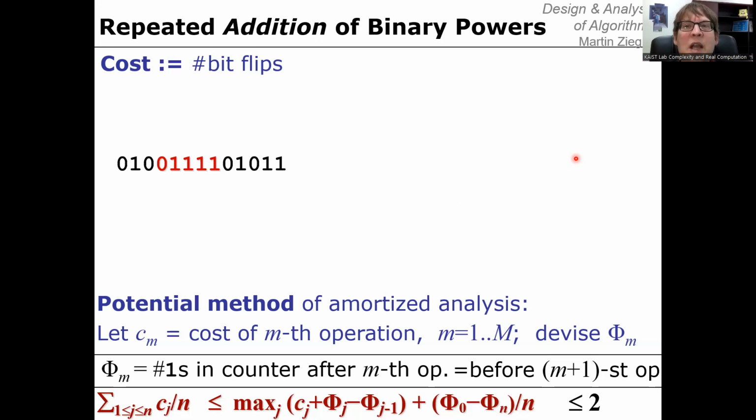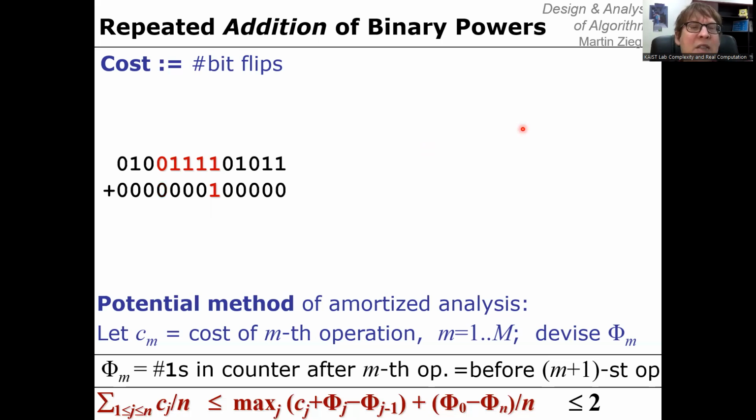Let's analyze that case of our generalized binary counter. No decrement, no subtract, just increment and generalized increment, namely adding binary powers of 2. Let's start with an example. Suppose the current value of the counter is this number, and I've emphasized some bits in red.